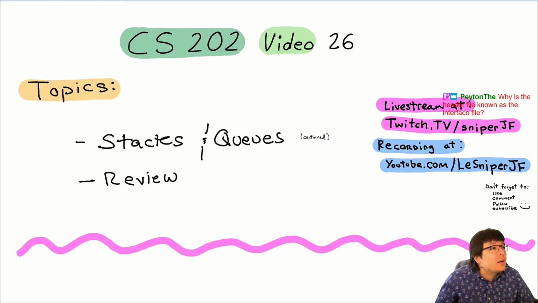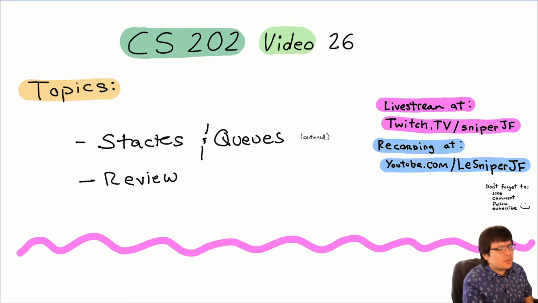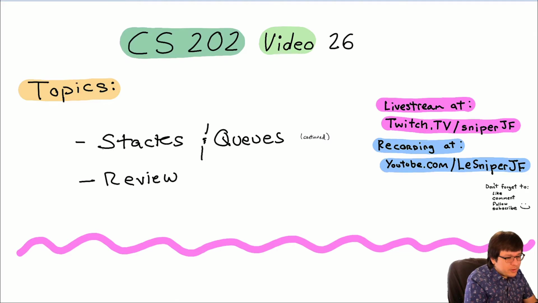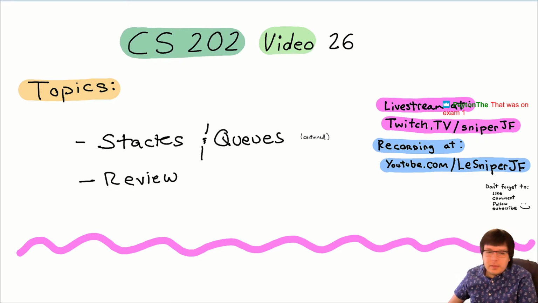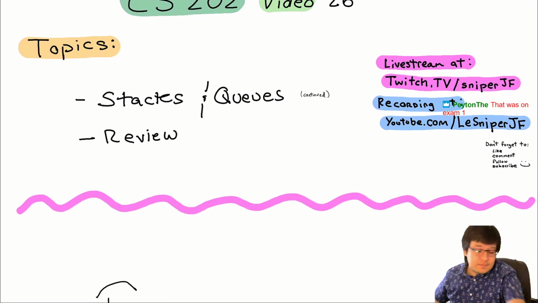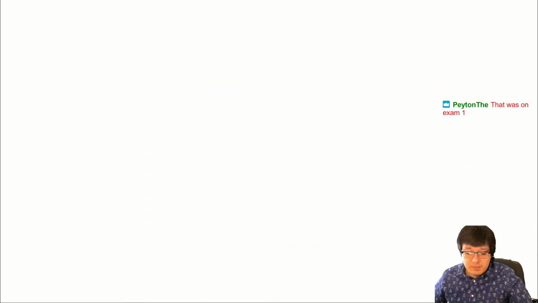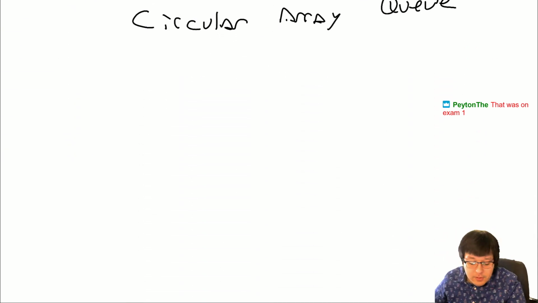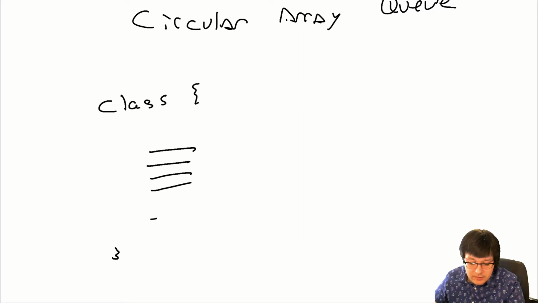Why is the header file known as the interface file? That's a very peculiar thing. I don't think that we're going to ask you any questions about multi-file compilation. Well, let's talk about what the header file does. When you're working with a program in object-oriented programming, you have a class, and then you have all of your function names and variable names and everything.